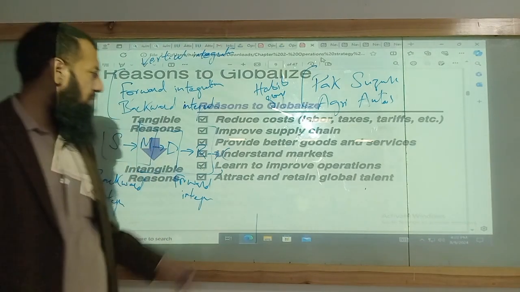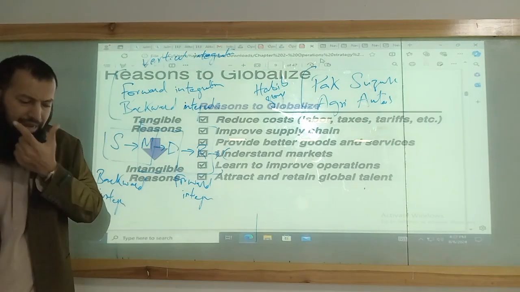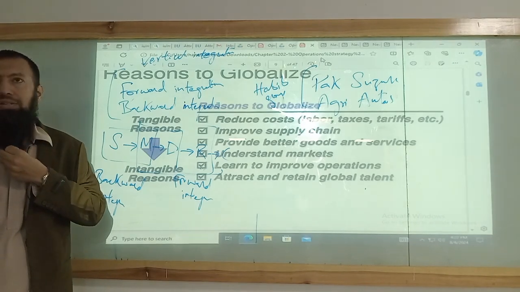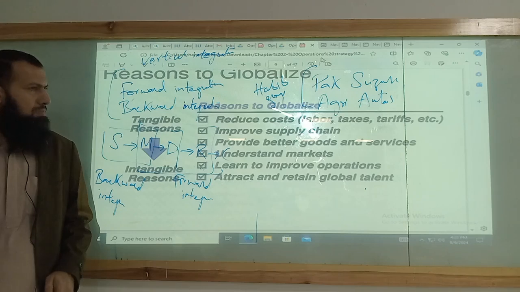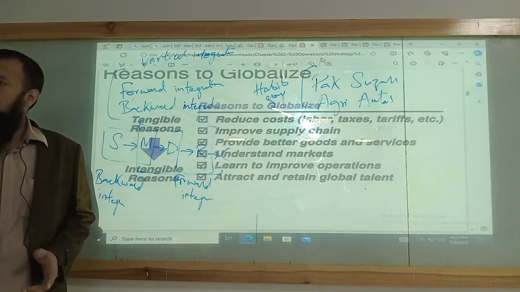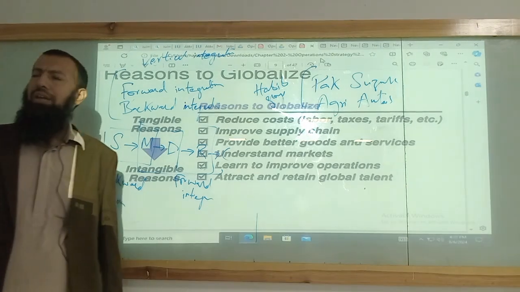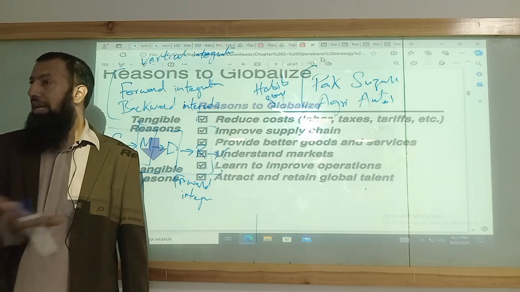Forward integration, I gave you the example of Gul Ahmad. Likewise, there are many companies who have started like this, especially in the textile industry. Yes, J. is also an example. But J. was not working as an exporter. There are many companies like Sapphire. Sapphire was working as an exporter.